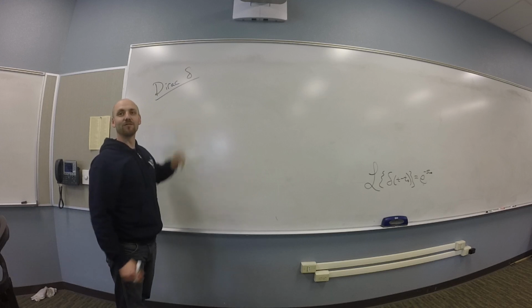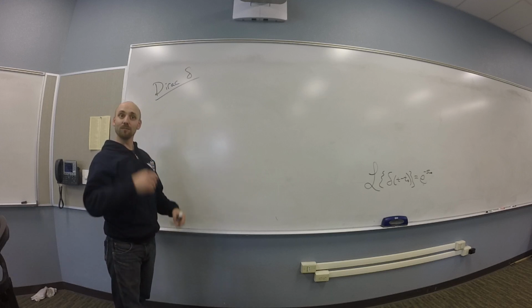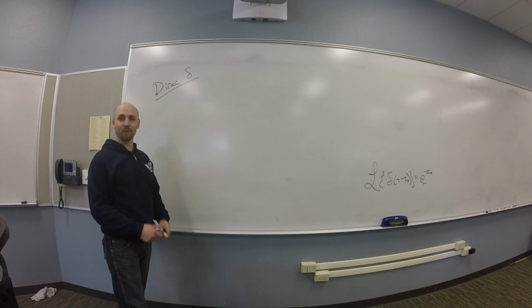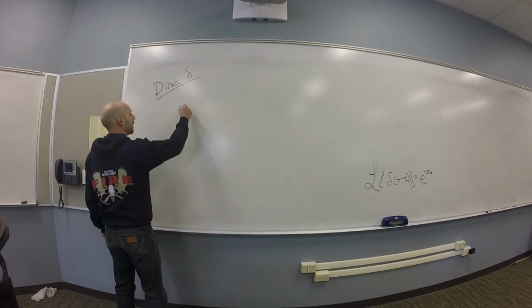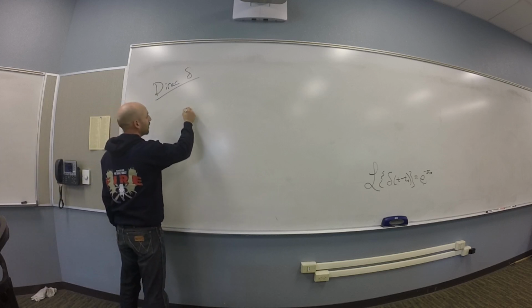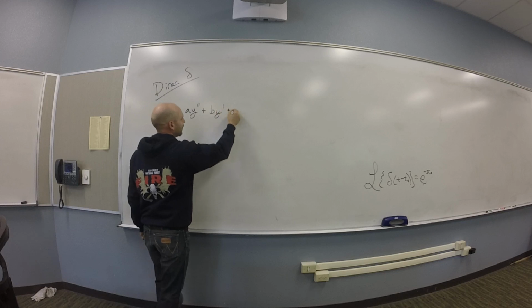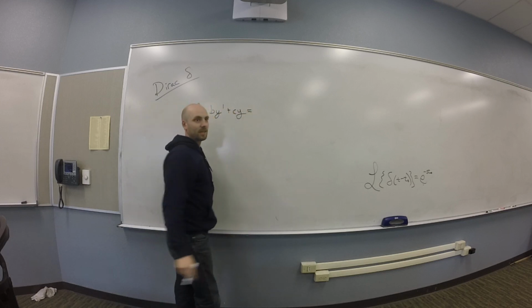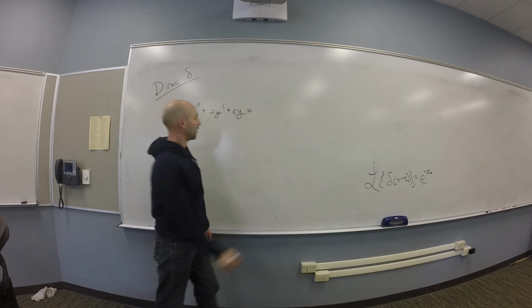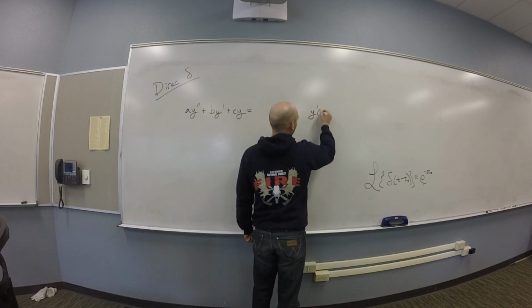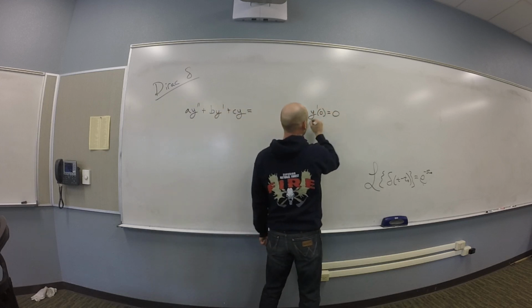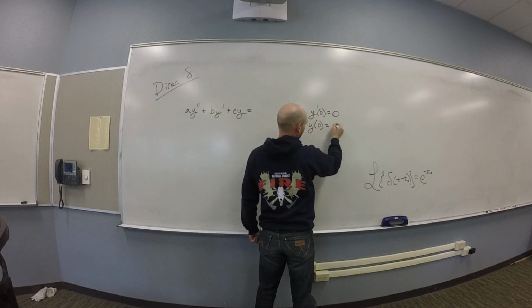Yeah, so you use this for the spring system that you start by whacking it with a hammer. So you'd have some spring system, right? A y double prime plus b y prime plus c y is, and then y prime at 0 is 0, and y at 0 is 0.